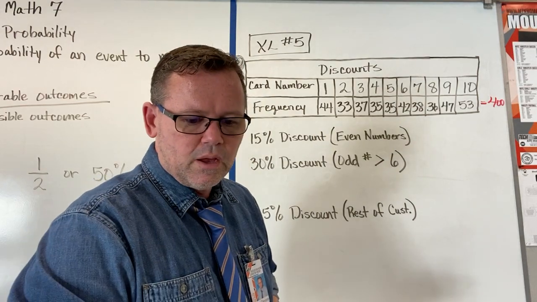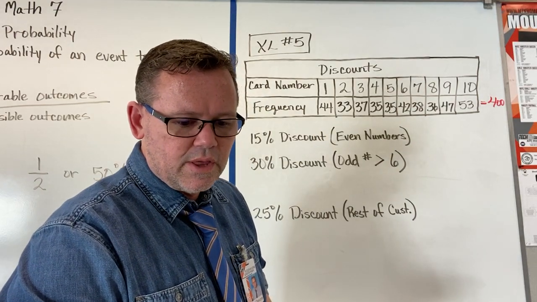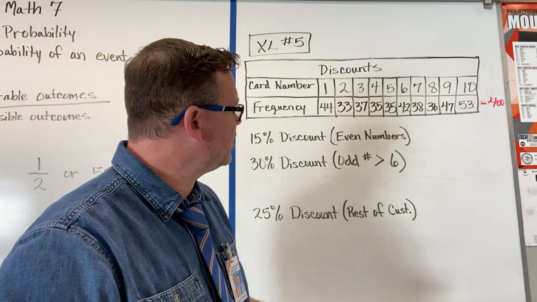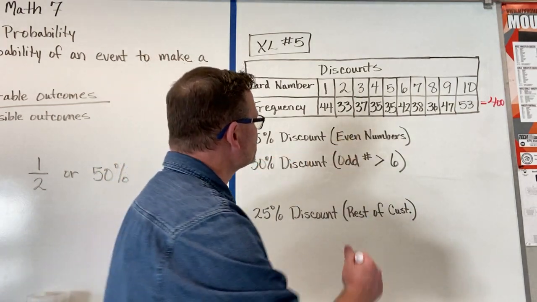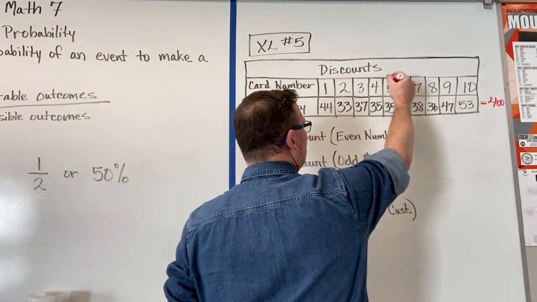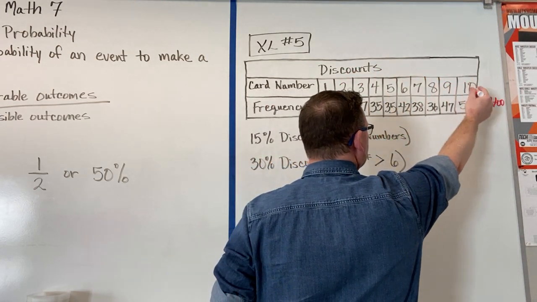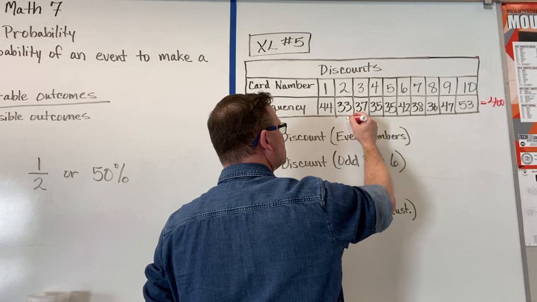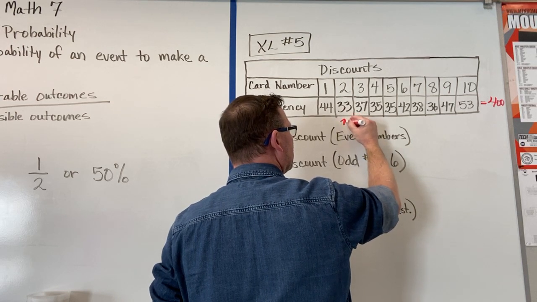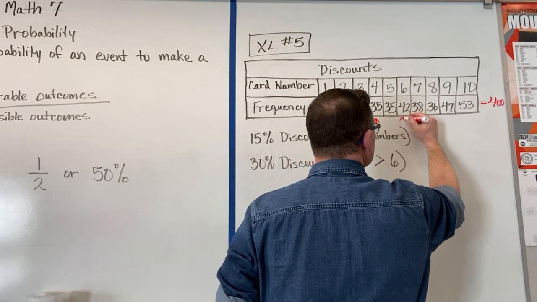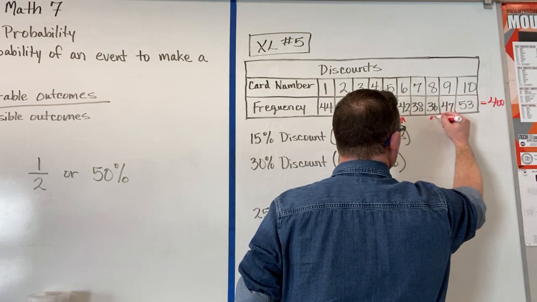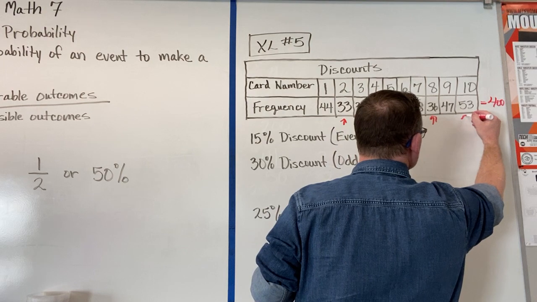Okay, now what we do is then for the 15% off, we look at the even numbers. So in other words, I would look at 2, 4, 6, 8, and 10, and I would add up those numbers. So I'm going to do this and I'll erase it. So 2, 4, 6, 8, and 10.